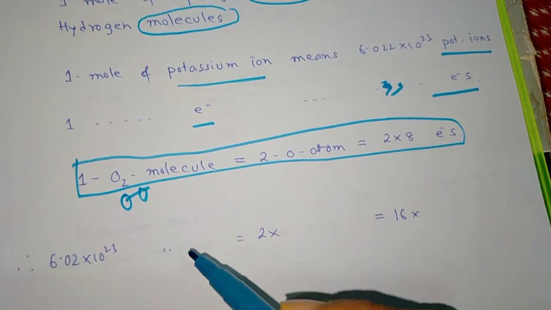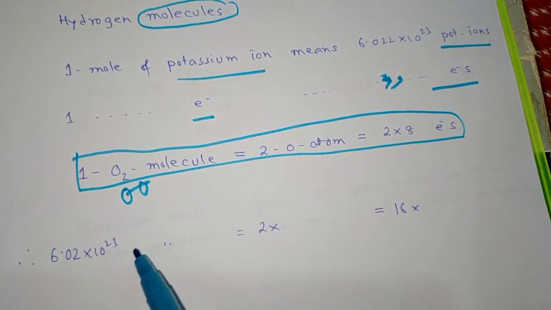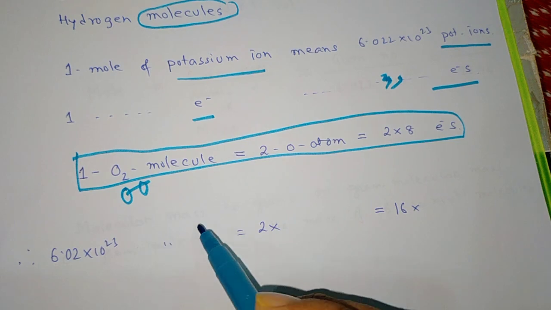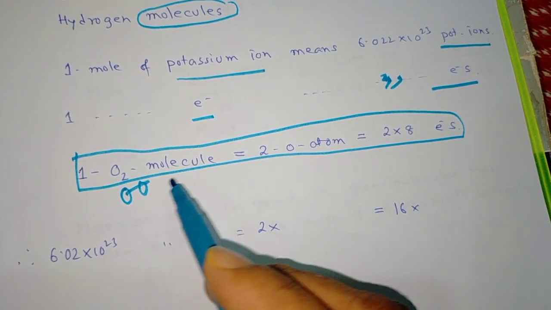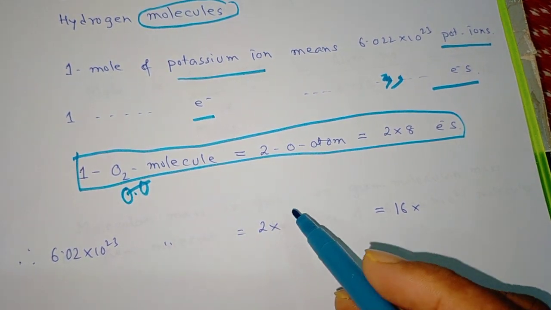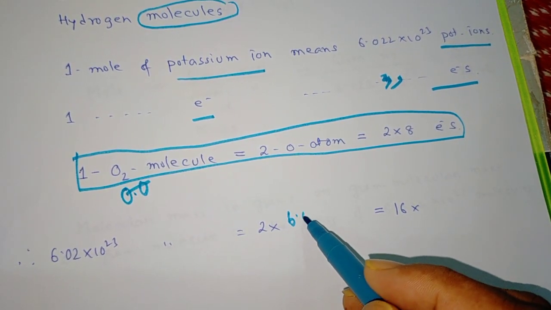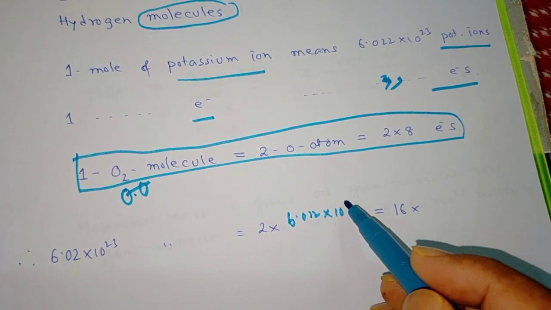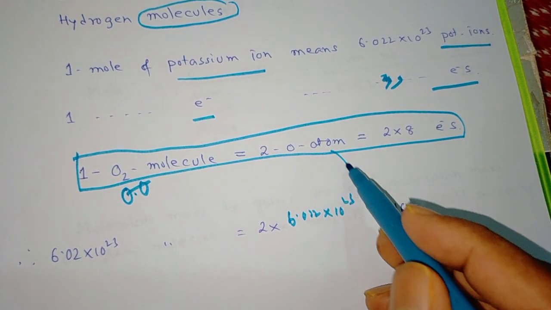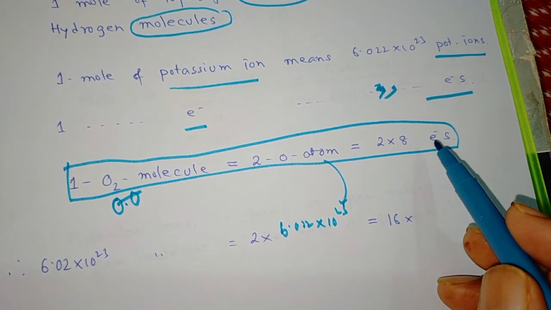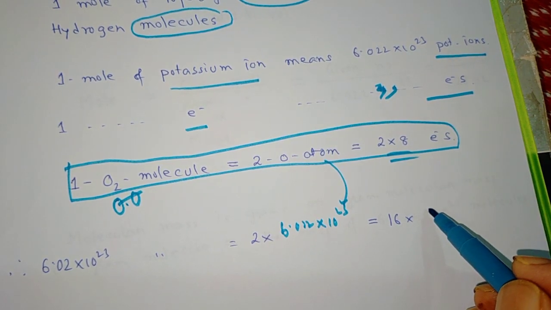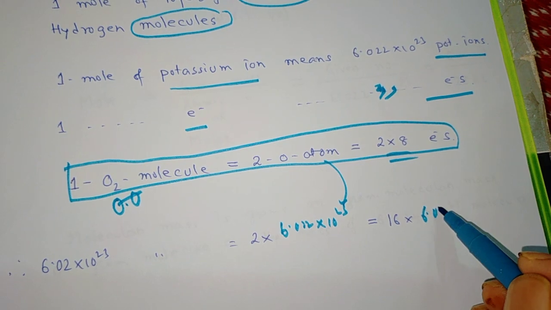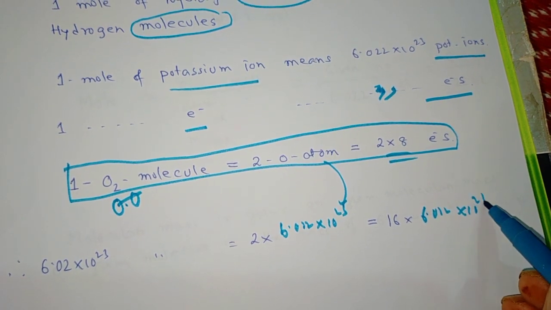In terms of mole, what will happen? 6.022 × 10^23 oxygen molecules is equal to, since each molecule contains 2 atoms, 2 × 6.022 × 10^23 atoms, and since each contains 16 electrons, this is equal to 16 × 6.022 × 10^23 electrons.